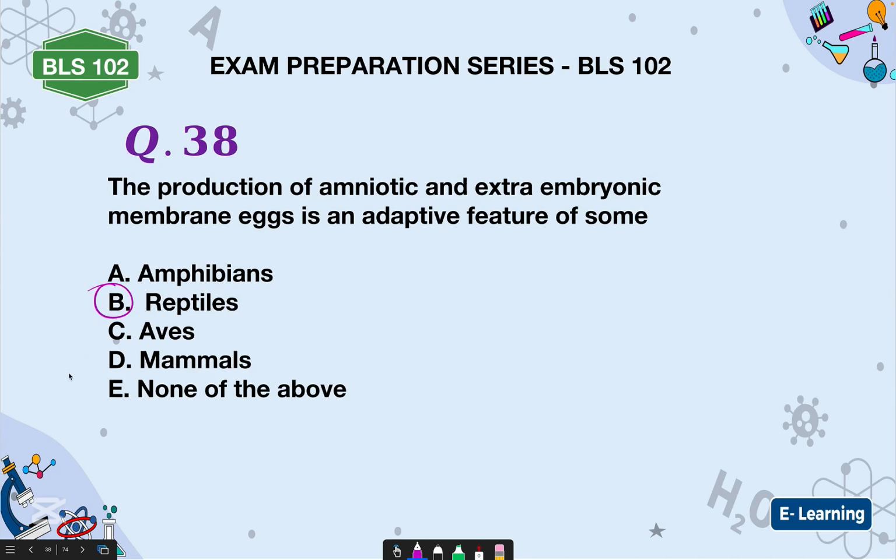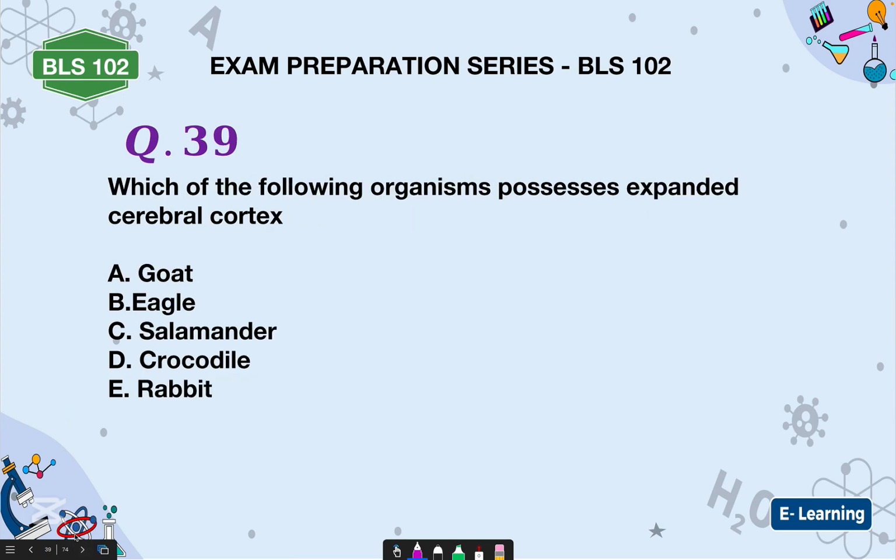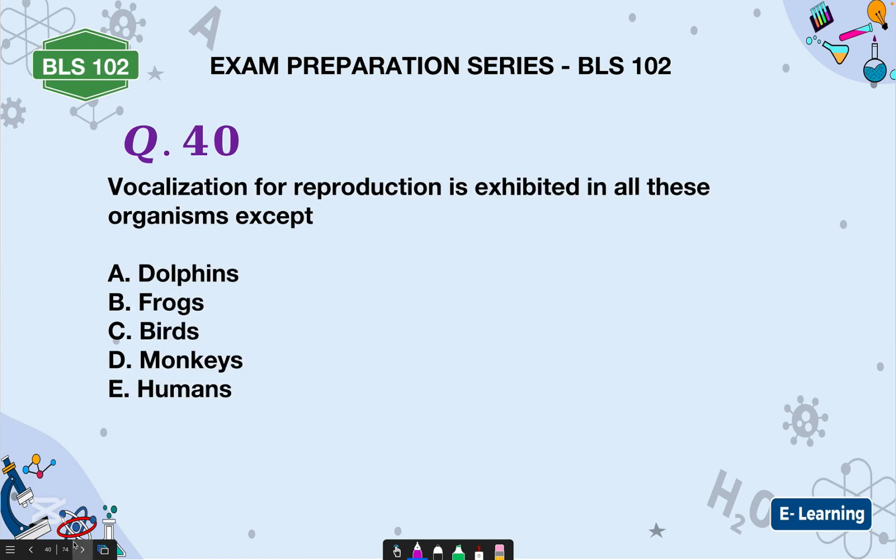So the correct answer is option B, reptiles. Now, which of the following organisms possesses expanded cerebral cortex? Mammals like rabbits have well-developed cerebral cortexes. So the correct answer is rabbit. Is that okay? The next one.